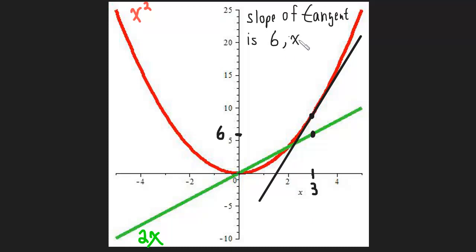I'll just write x equals 3. So when x is 3, the slope of the tangent line to the original function is 6. And again, we figure that out by just finding the value of the derivative when x is 3. The value of the derivative was 6.